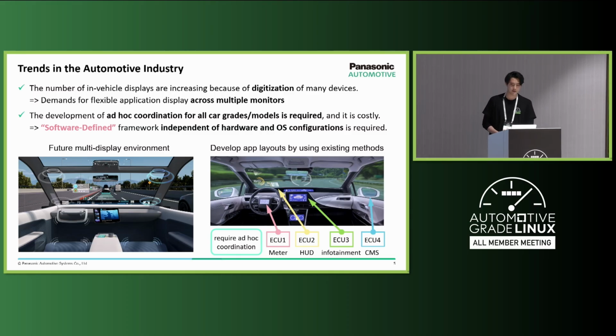These depend on the car grades and models, so it significantly increases both time and cost for development. As a result, there is a need for a software-defined display framework that can be used across different car grades and models without depending on complex in-vehicle hardware and OS configurations.